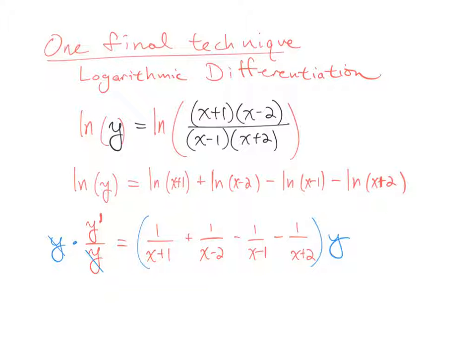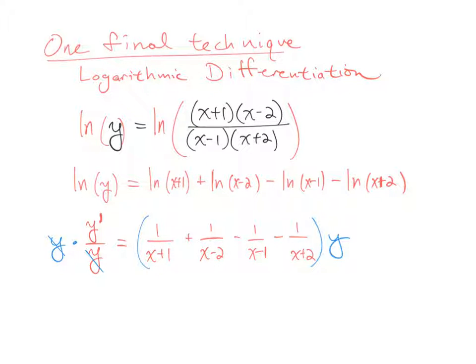If you look back at the original function in black up here, you can see that y equals x plus 1, x minus 2, x minus 1, x plus 2. And so the trick is to get this entire right side and x's down here. You need to go back and substitute this original equality for the x's in for this y.